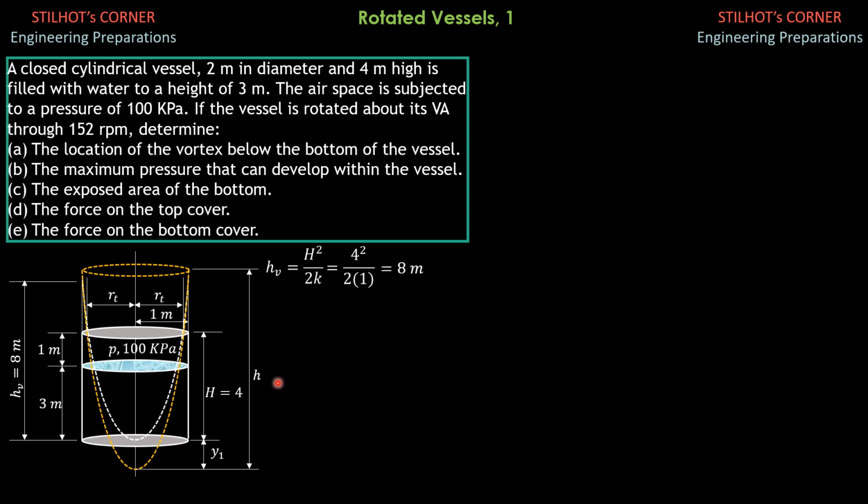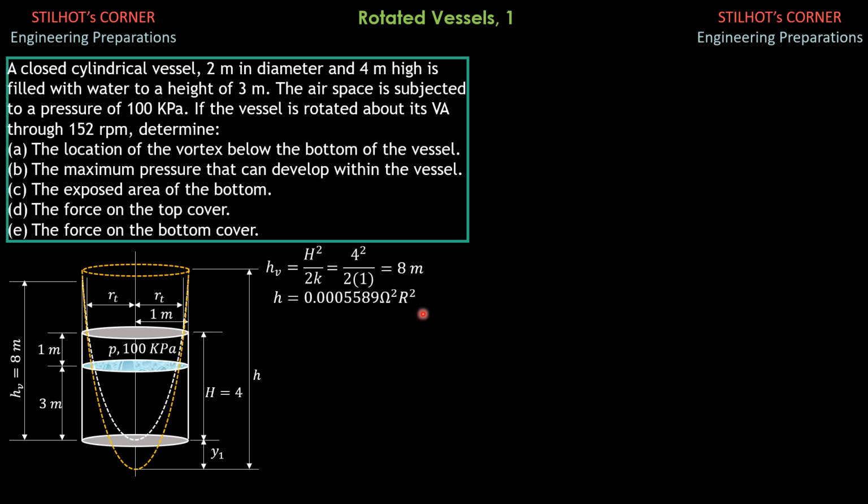So H_v is equal to 8 meters. Likewise, the height of the actual imaginary paraboloid, represented by this orange dashed curve, is equal to 0.0005589 omega squared r squared. This formula is derived in my lecture video on rotated vessels, where omega is in revolutions per minute.